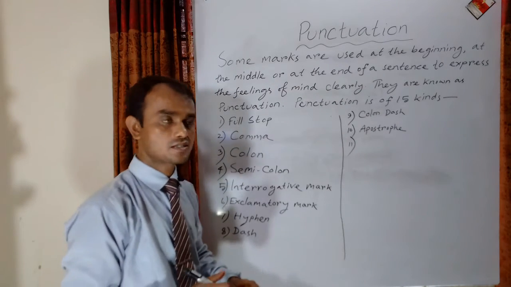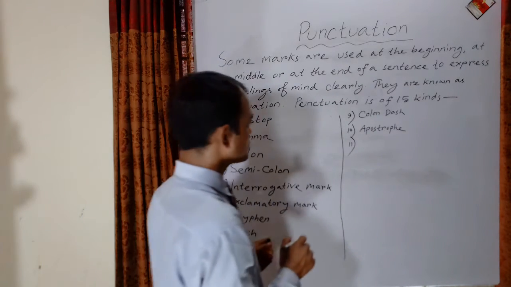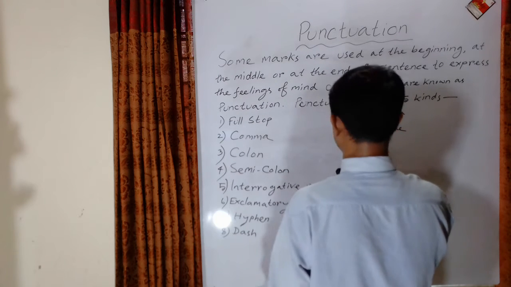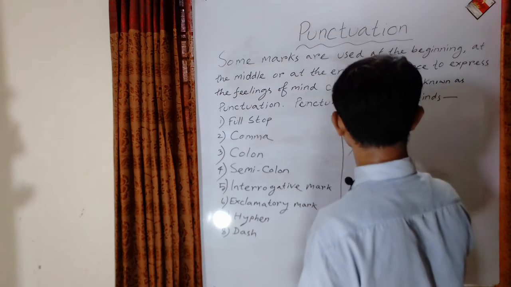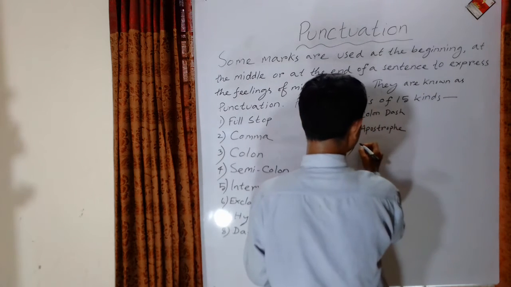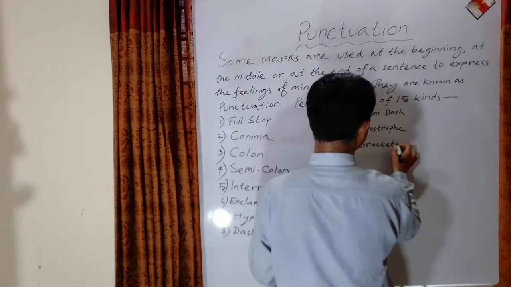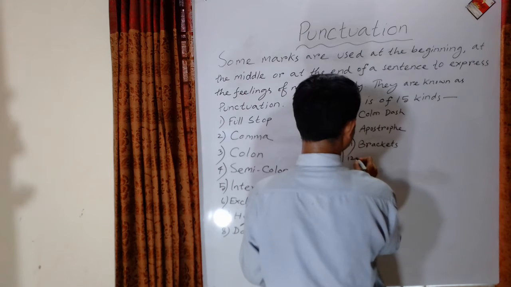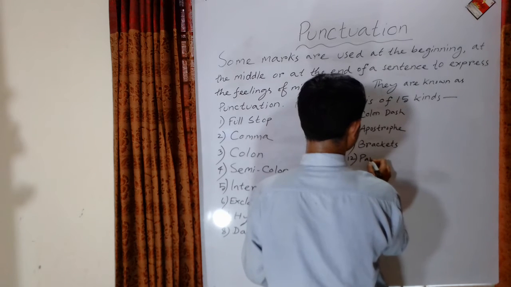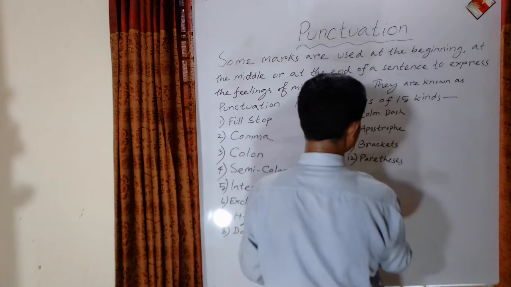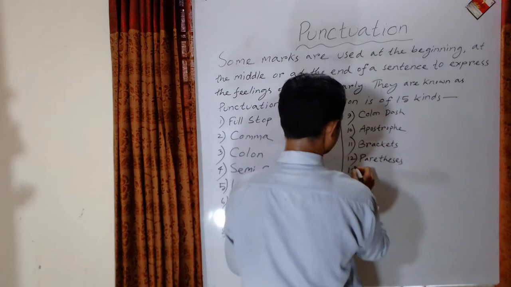Five kinds are yet left: apostrophe, bracket, brackets, parenthesis, 13.